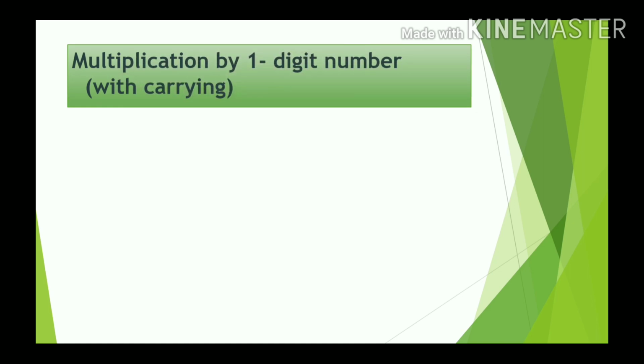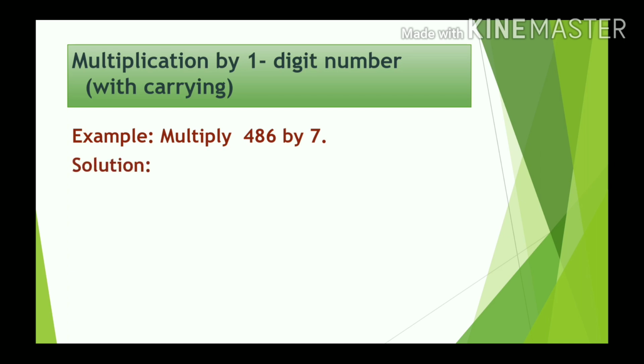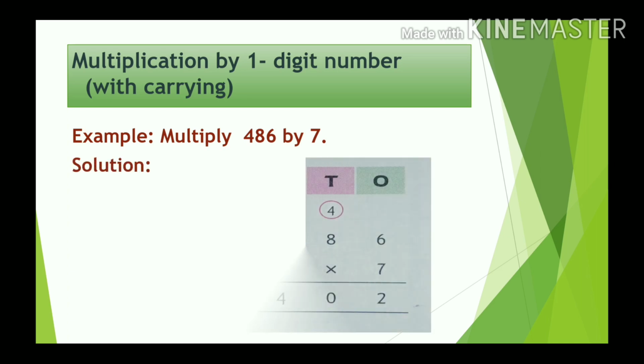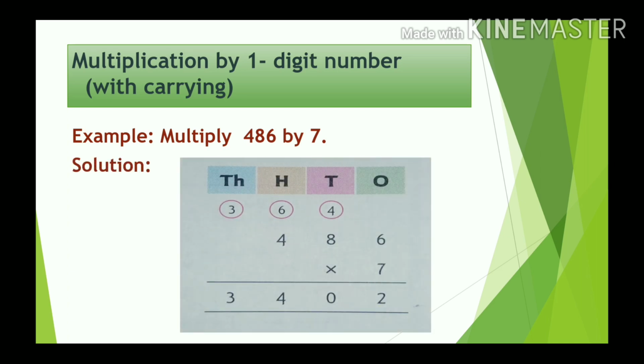Now multiplication of a 3-digit number by a 1-digit number with carrying. So multiply 486 by 7. Solution. Here I have shown you the picture first. As we have done in previous multiplications, first we have arranged the numbers under place value column-wise.